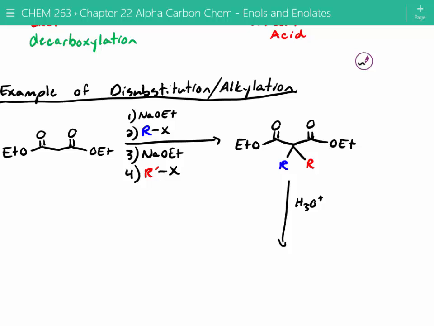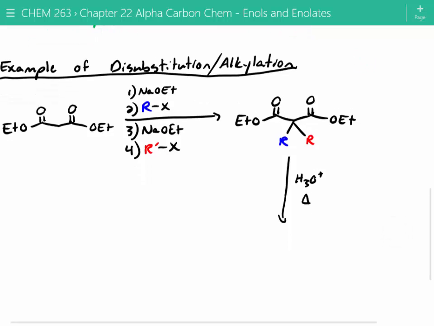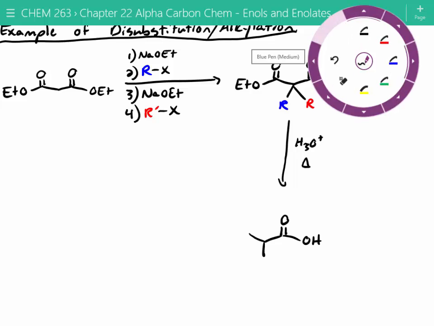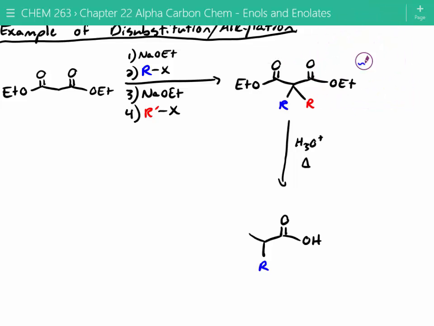Just crank up the heat, right? It takes a fair amount of heat to drive that cyclization reaction, but when you do that, you can drive off CO2. And your final product for this reaction will be a disubstituted carboxylic acid, where one of these is a blue R and one of these is a red R.